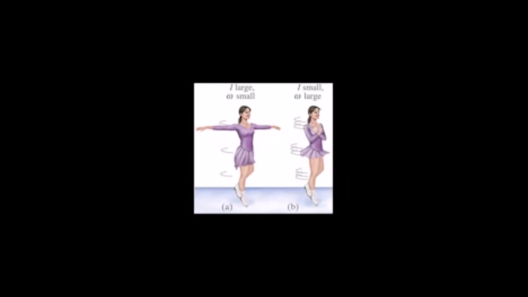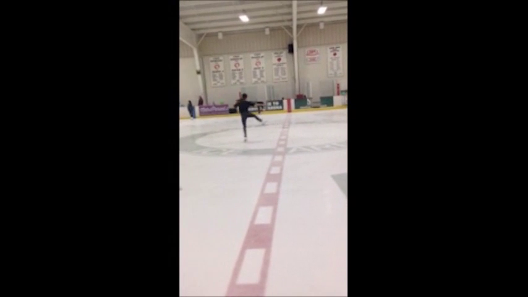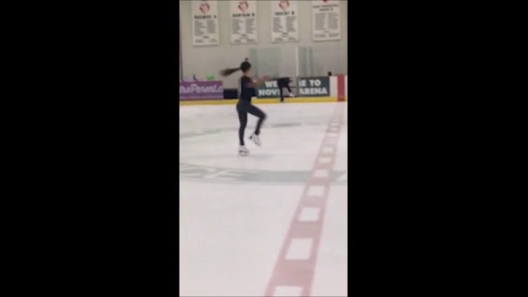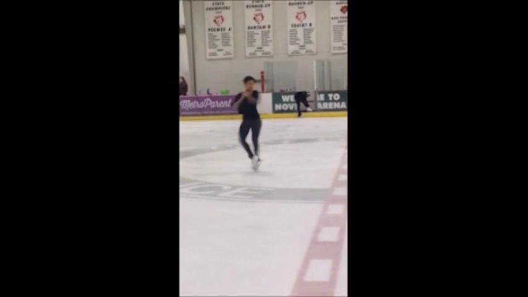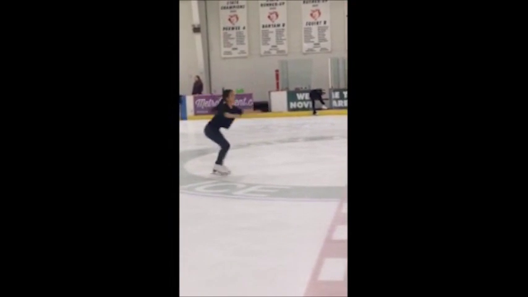Since angular momentum stays the same due to the law of conservation of angular momentum, when the moment of inertia gets smaller as the skater moves her arms in, the angular velocity increases. This is why the skater spins faster and faster as she pulls her arms in.